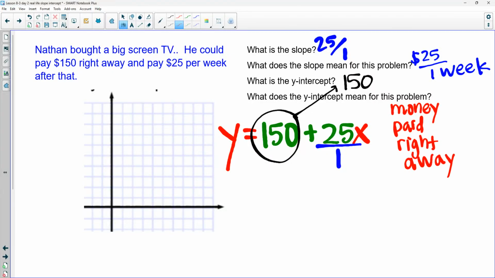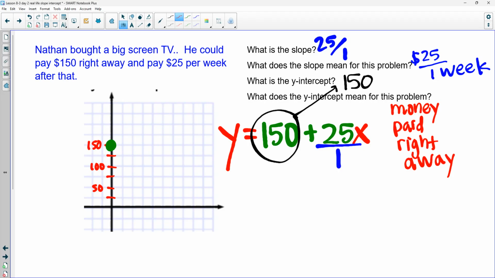So again, I got to get these big numbers on this graph. So maybe I need to count by 25s? 25, 50, 75, 100, 125, 150. Wow. His initial payment is $150.